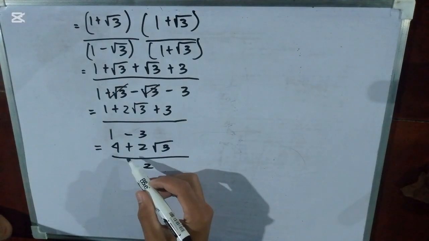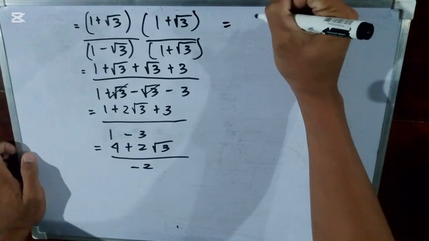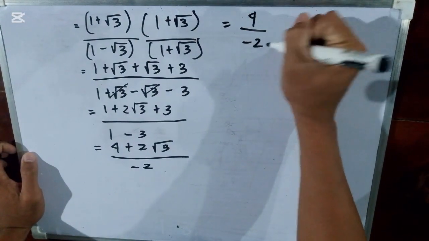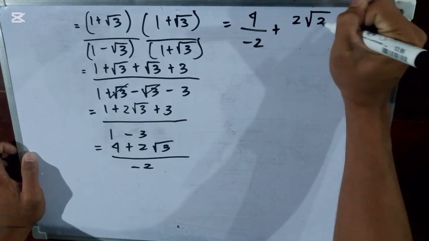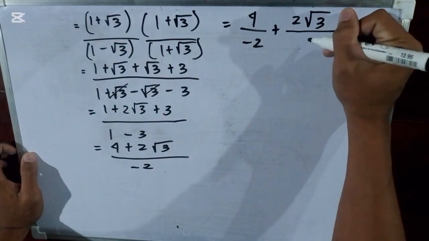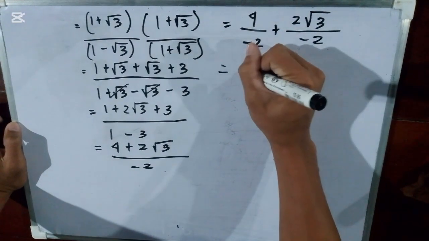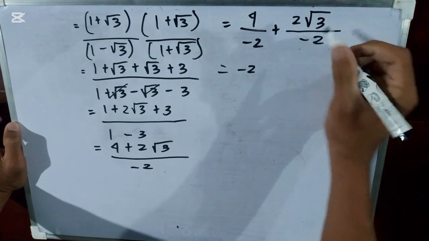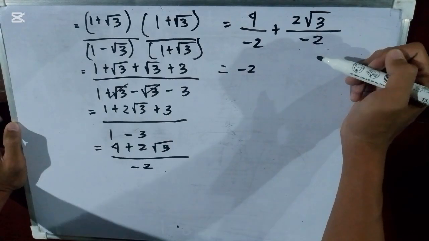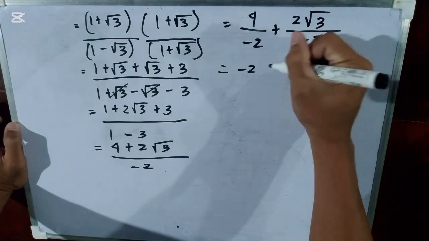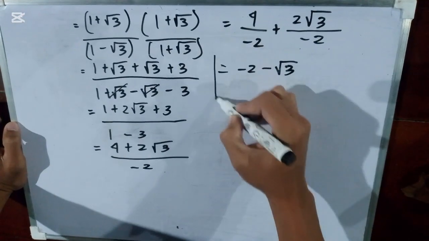And now let us separate this into two fractions, which will become 4 over negative 2 plus 2 root 3 over negative 2. So 4 divided by negative 2 will be negative 2, and 2 root 3 divided by 2 is root 3. The answer will be negative root 3. This is the final answer.